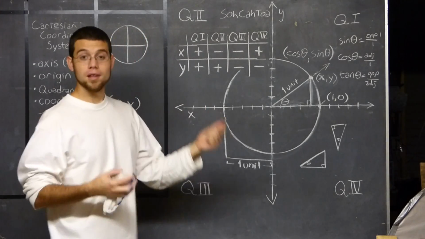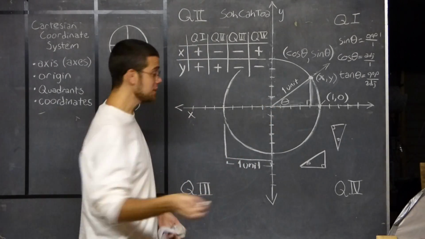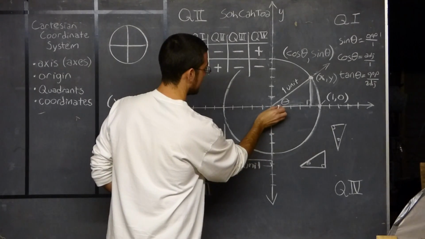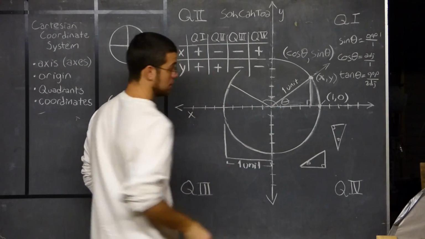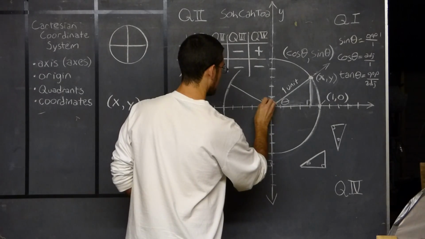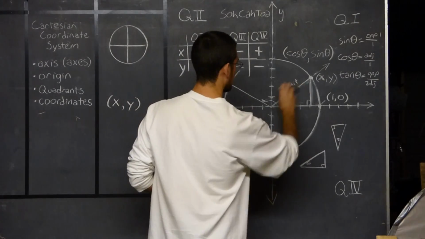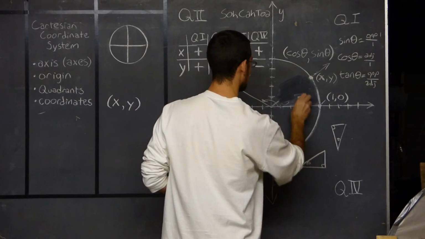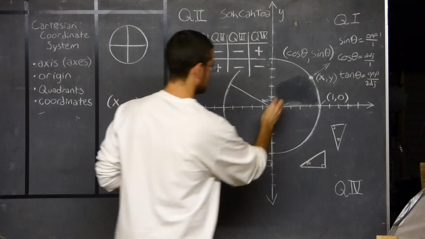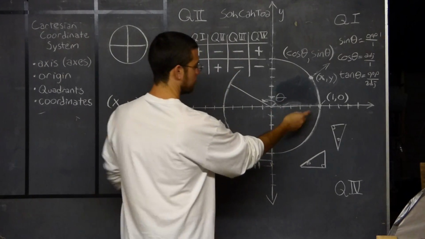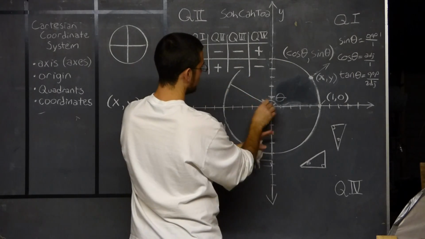So, this means that when we have an angle, which we can't have in a right triangle, when we have an angle that exceeds 90 degrees, say it goes out here, now let's say that instead of having that angle, we have a new angle in standard position, measured from the x-axis counterclockwise to the terminal ray.